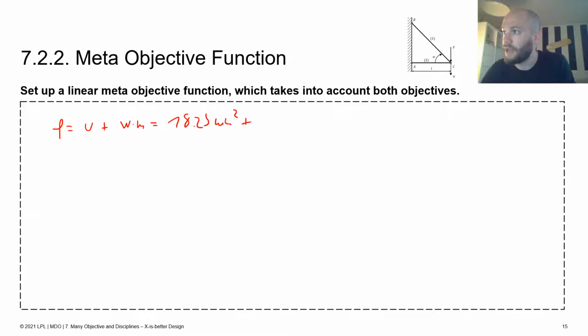And with that, we set up the multi-objective function. One important fact is that the weighting factor also has units, because otherwise the first and the second quantity of interest don't fit together unit-wise. So this is one thing we also need to consider later on.